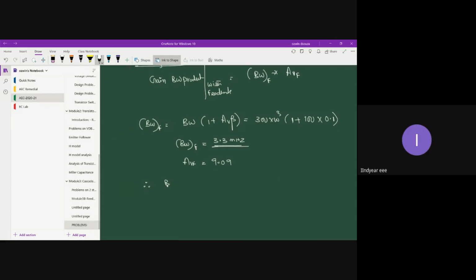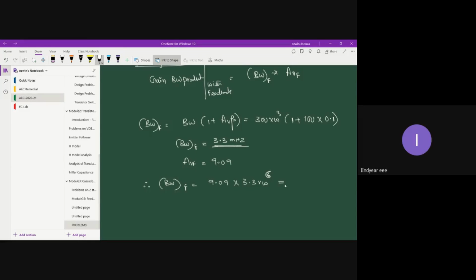Therefore, gain bandwidth product with feedback is 9.09 into BWF, 3.3 into 10 to the power 6.